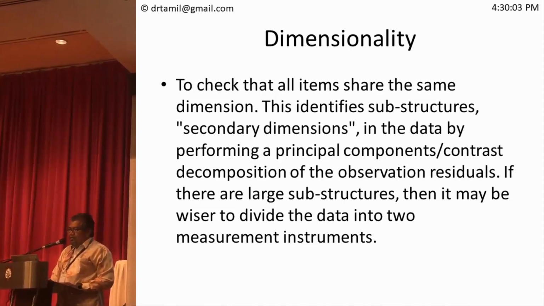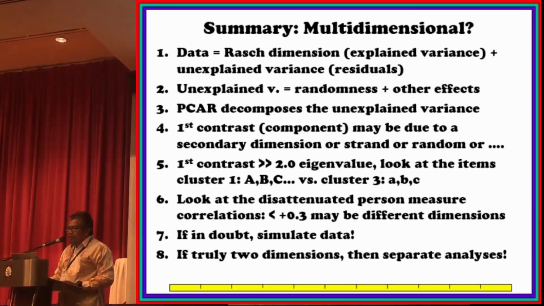Okay? So for dimensionality, they check for substructures and secondary dimensions. If you have more than one dimension, therefore you should be dividing it into 2 measurement instruments so that you can measure 2 separate latent traits. I know this is an easy one, and this one does not make sense to anybody.